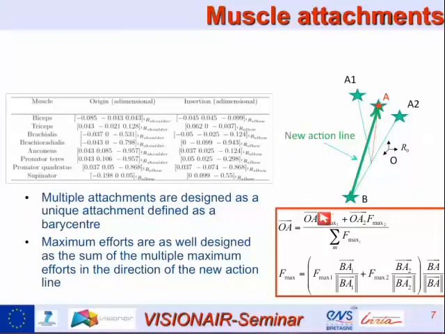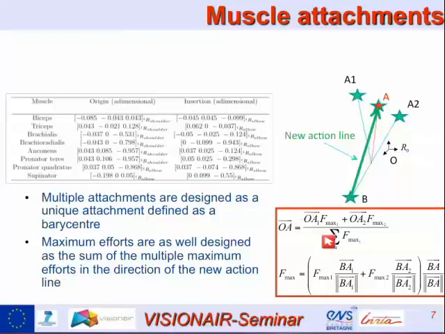So we try to reduce the number of attachments of the muscles, also in order to go to functional anatomy more than forces in the tendon, but more globally the action of the muscle.